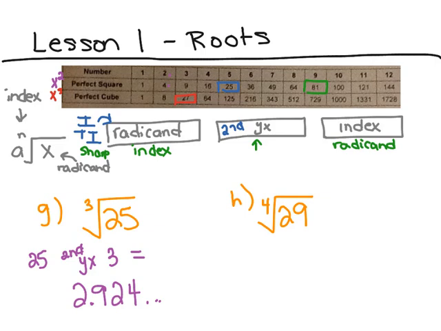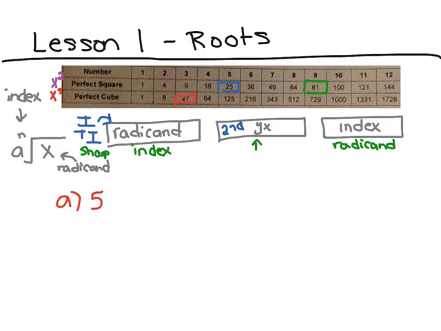If you have a different kind of calculator, it's probably the other way around. And for the last one, we're going to do our radicand, so 29, second function, y to the x, and our index, which is 4, equals, and you should get 2.3205. That's how you evaluate those radicals.